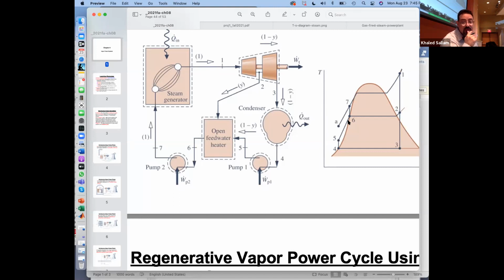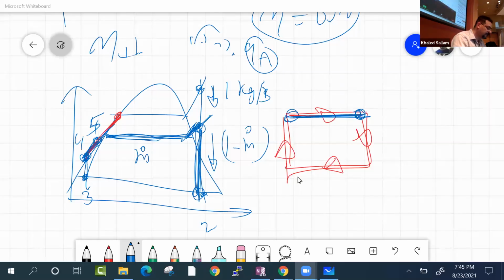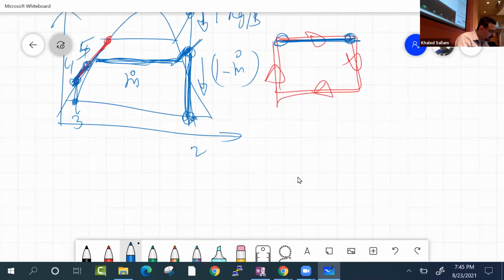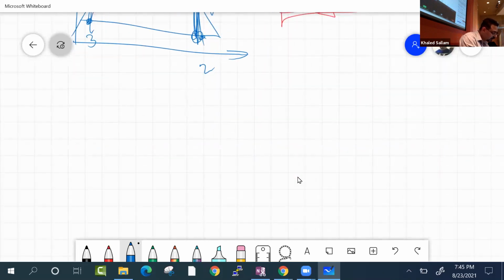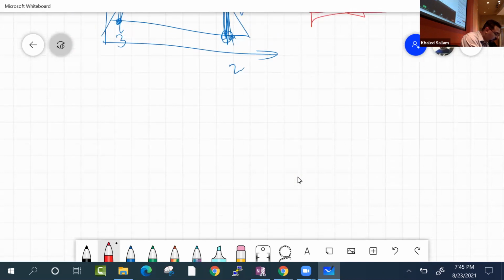So the question is, how much are we pulling? How much needs to be used for heating? What do you think we should do?